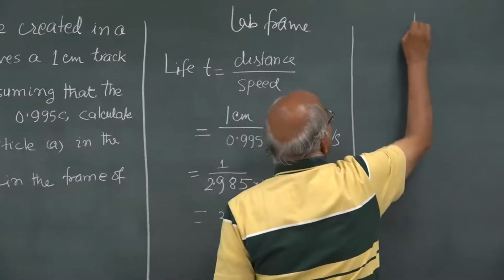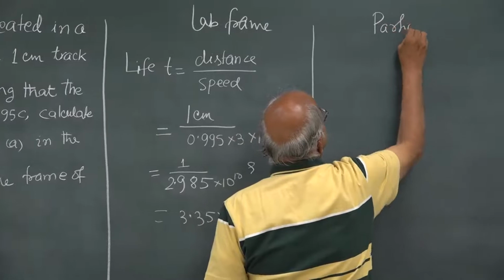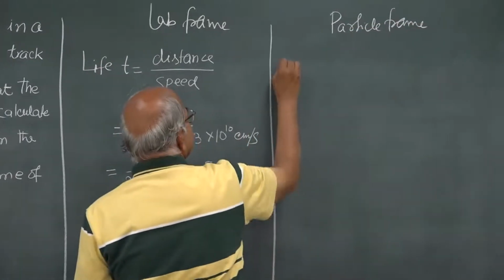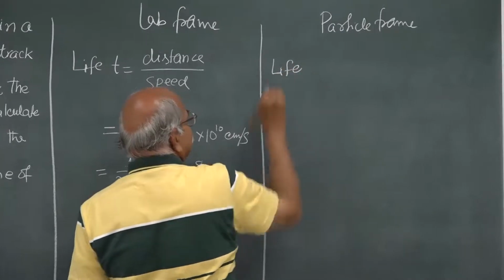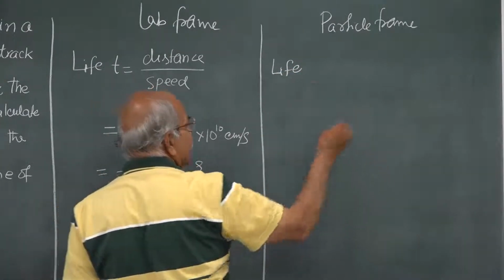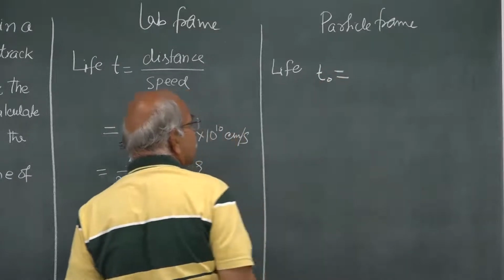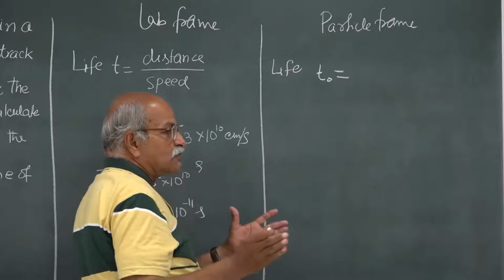and then in the particle frame, that same time interval, the life, particle created to particle decayed, is the proper time interval, and proper time interval is the smallest one.